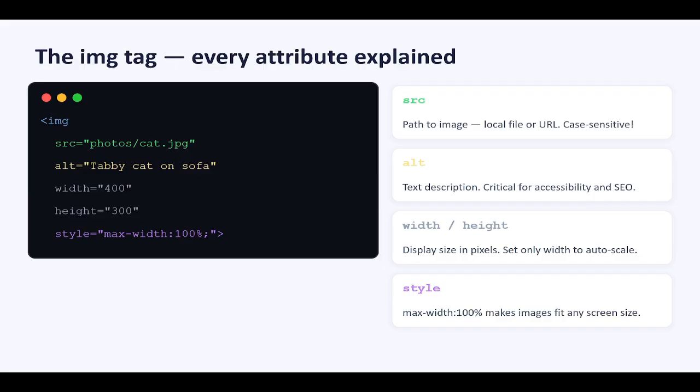Another important thing you should remember: I'm using a simple style option, max-width 100%, so that it will help the image fit different screens, be it a laptop, desktop, TV, or mobile. Otherwise the image may not be appropriate on mobile or some other screens.